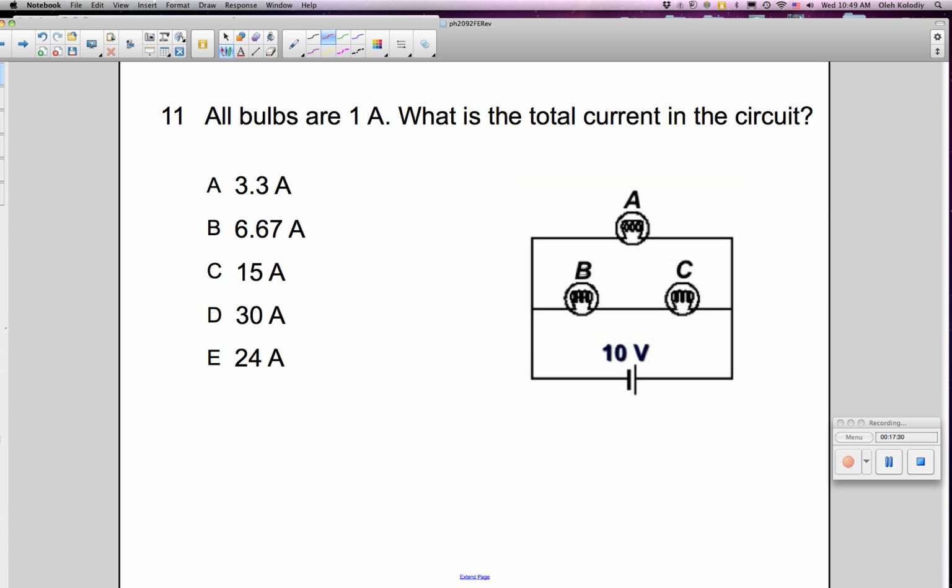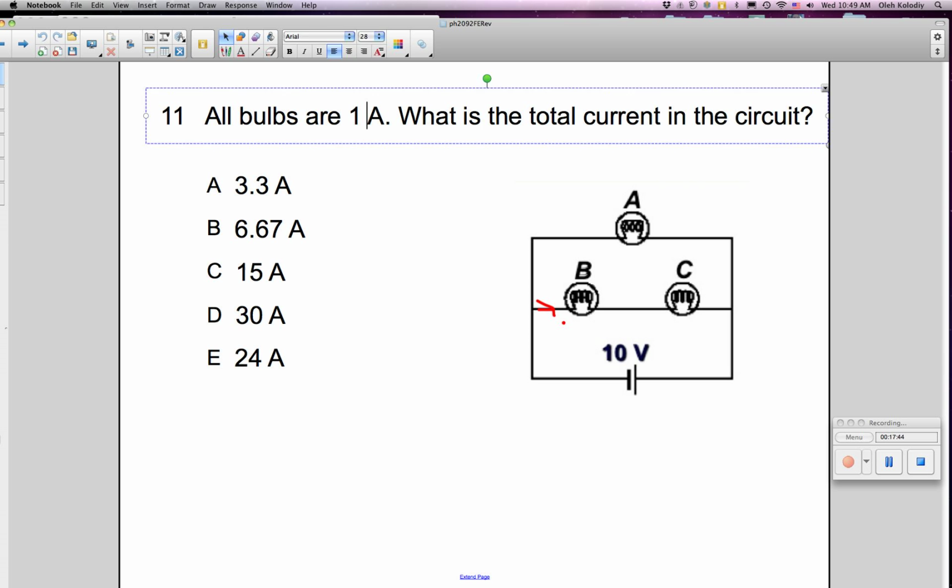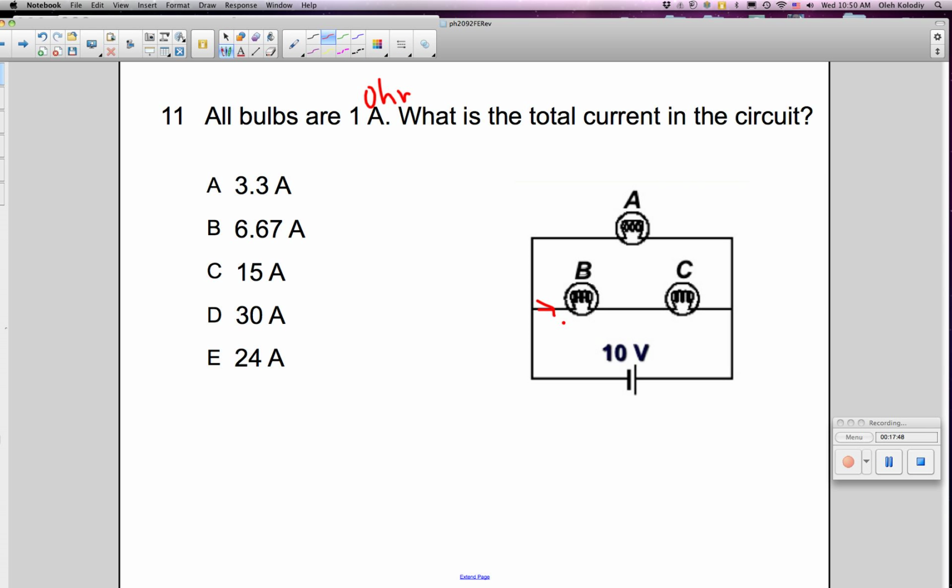I think what they mean here is 1 ohm. Each bulb is 1 ohm of resistance. So if that's true, this is 1 ohm, this is 1 ohm, this is 1 ohm.